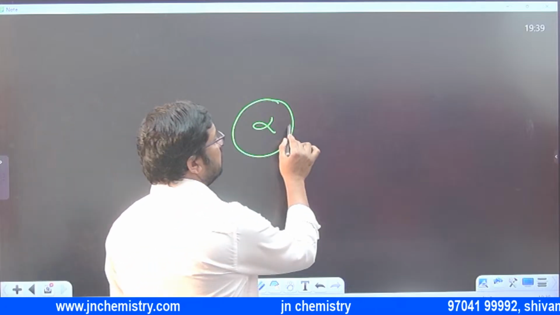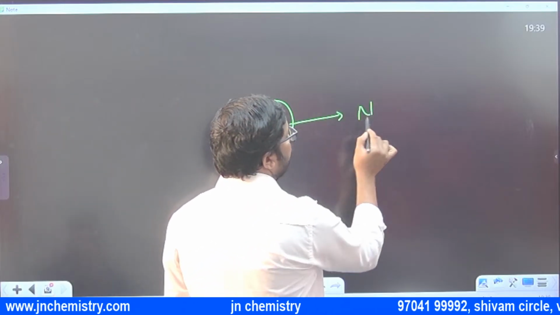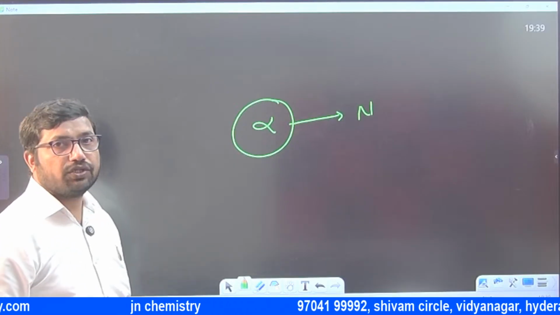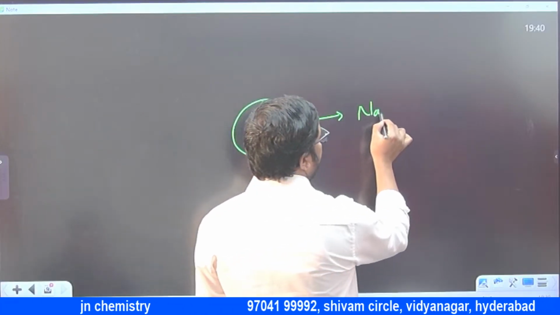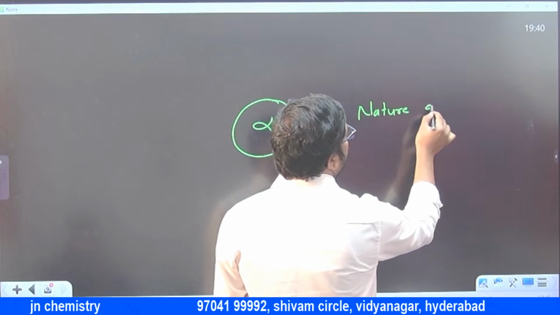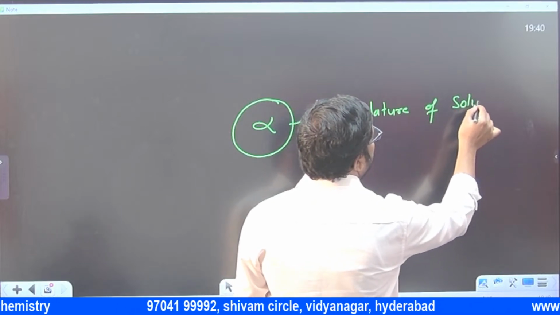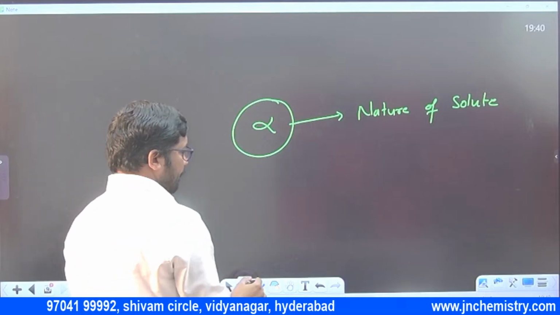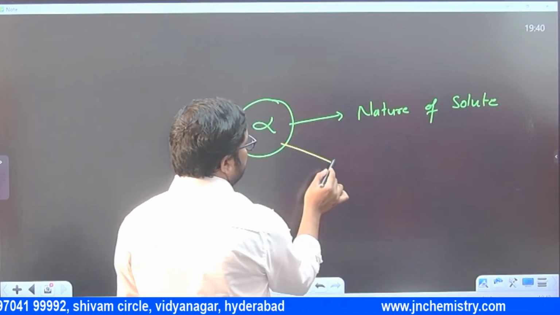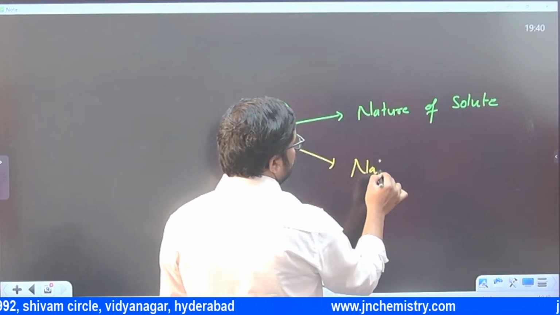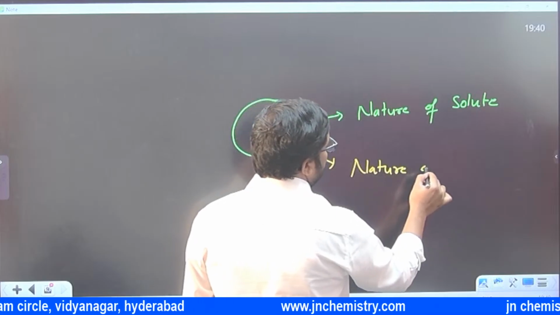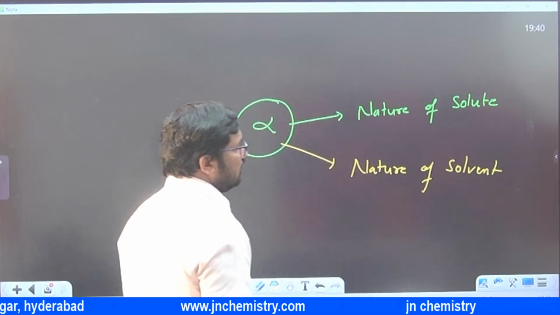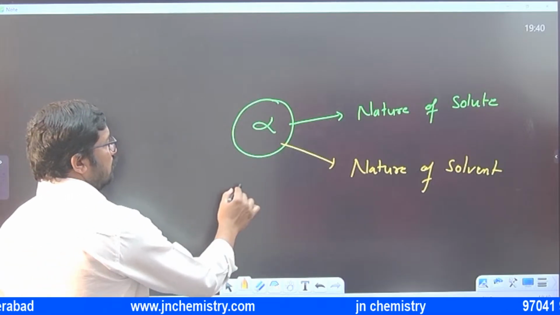So here is the first point: factors affecting alpha. First, the nature of solute. Nature of solvent. Nature of electrolyte.